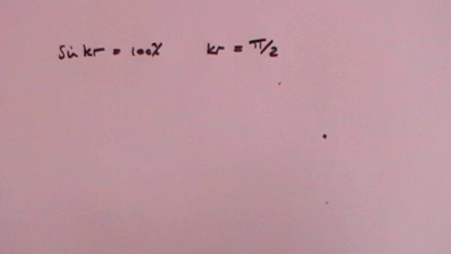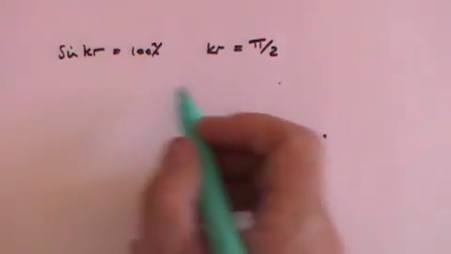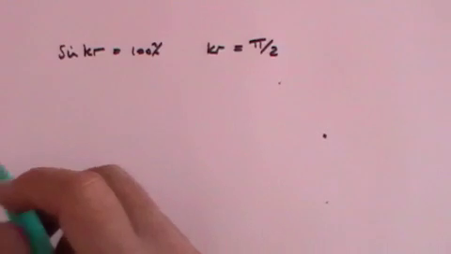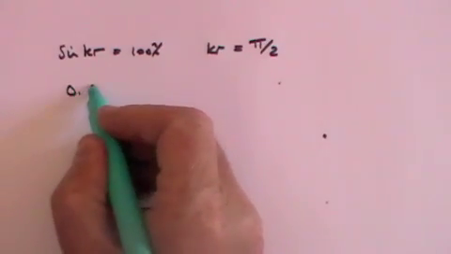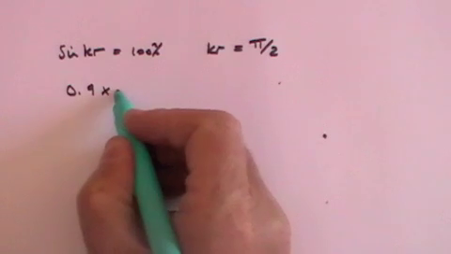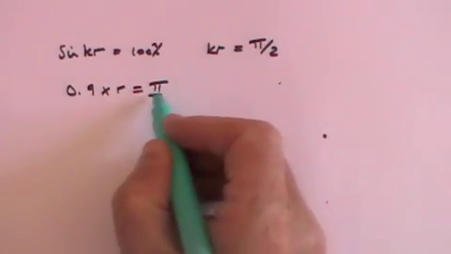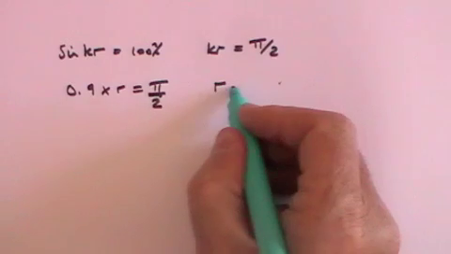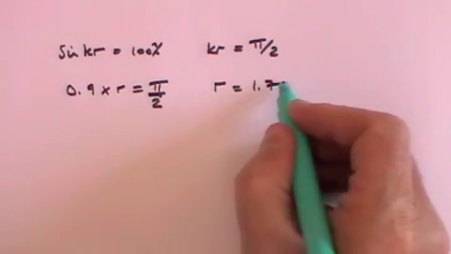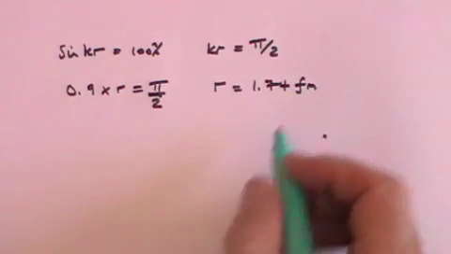Right, sine 90 degrees, sine pi over 2 is 1, so that's 100%. And so consequently, kr must equal pi over 2. K we already know is 0.9, times r equals pi over 2. And if you evaluate that, you'll find that r is 1.74 Fermis.